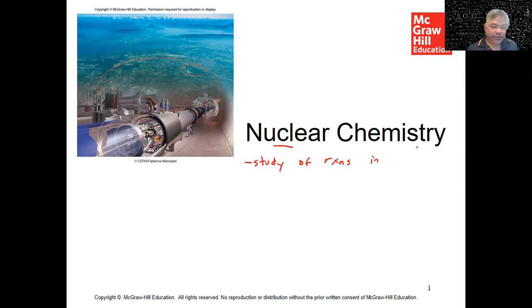Okay, so the typical chemical reactions that we have so far, usually just deal with the electrons. But if we have a nuclear reaction, the ones involved are all these so-called subatomic particles. But a nuclear reaction will only happen if you have a radioactive material.